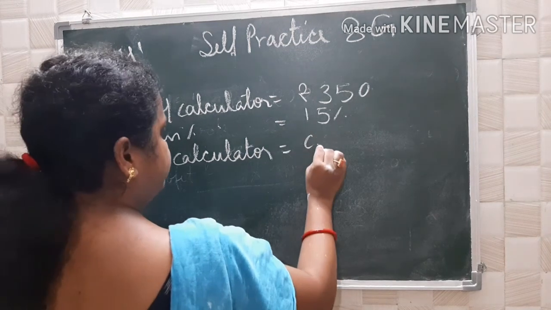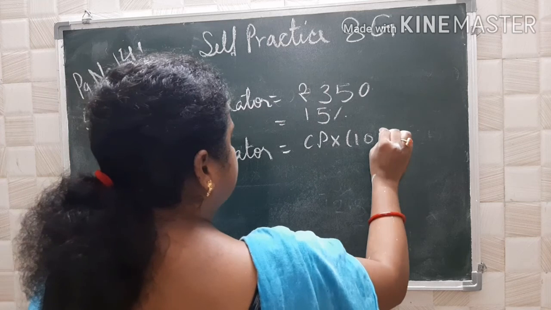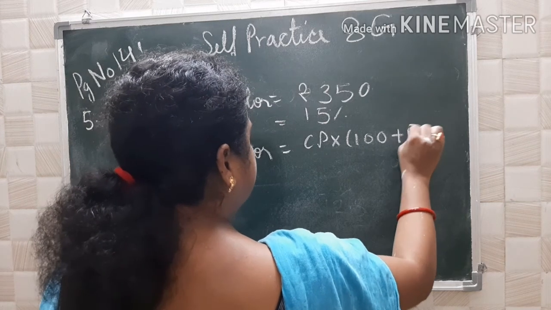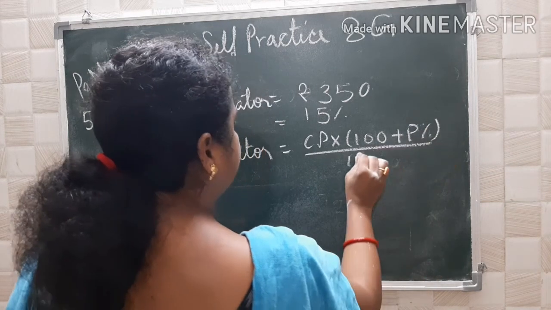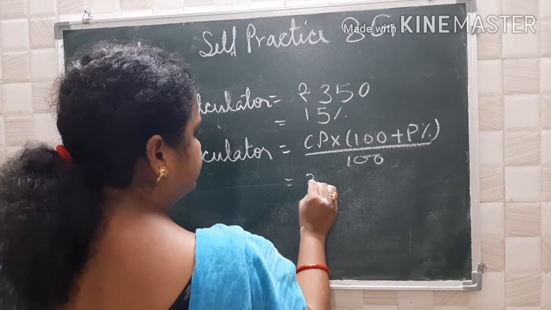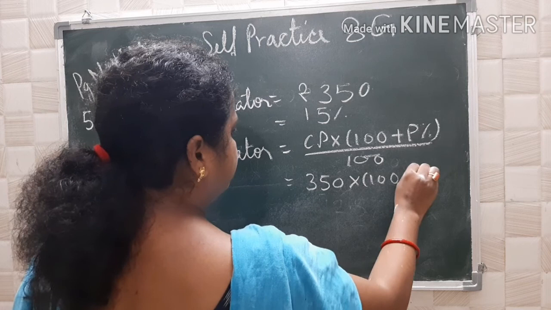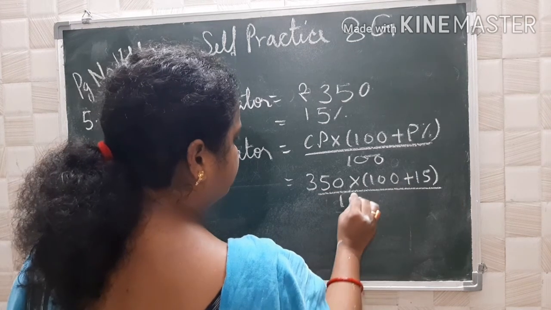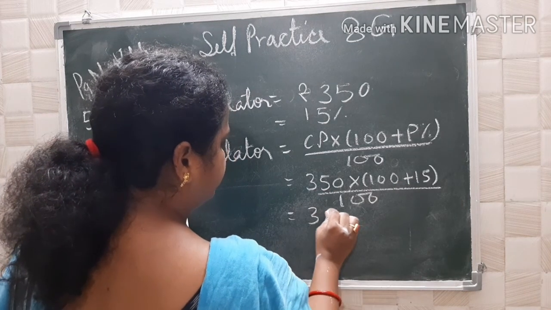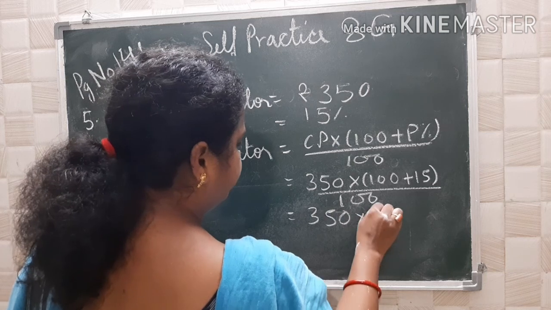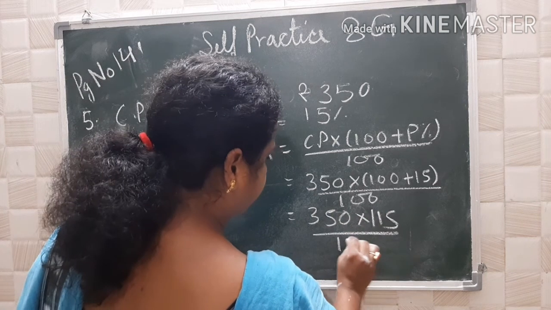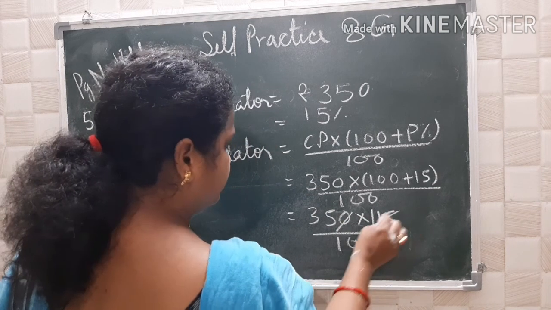So, CP into 100 plus profit percent upon 100, which is 350 into 100 plus 15 upon 100. So this will be equal to 350 into 115 upon 100. 0 cancel out.